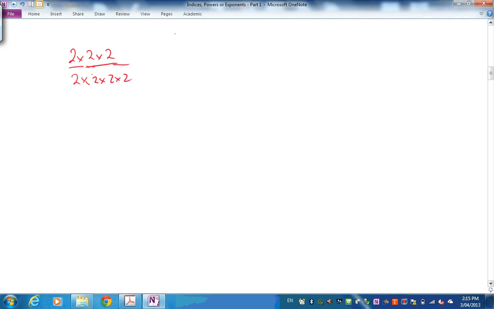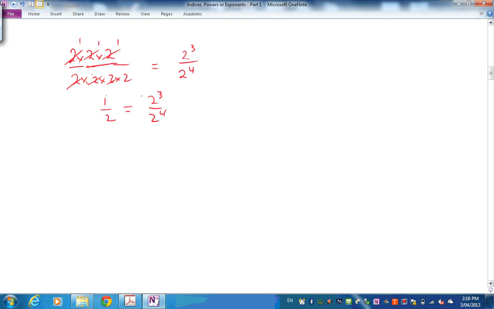Okay, let's see what happens. This is 2 cubed over 2 to the 4th. If we cancel, they go into there once. The answer on this side is 1 over 2. So 1 over 2 equals 2 cubed over 2 to the 4th.